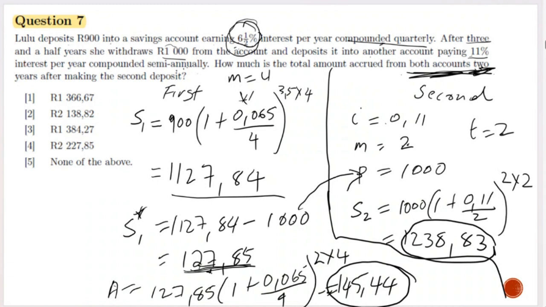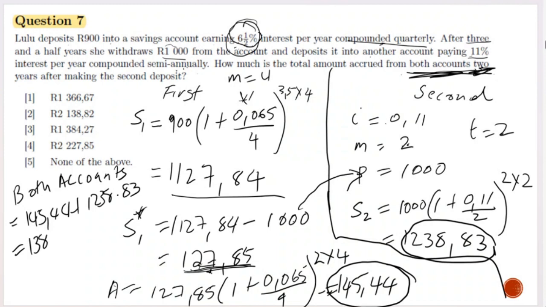So on both accounts, the amount is going to be 145.44 plus 1,238.83. Okay, so now the total amount is going to be 1,384.27.